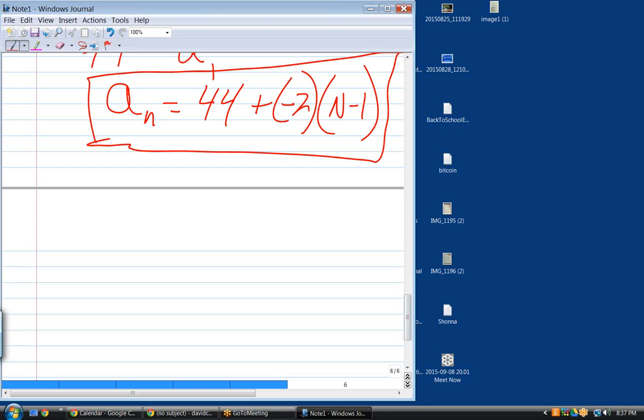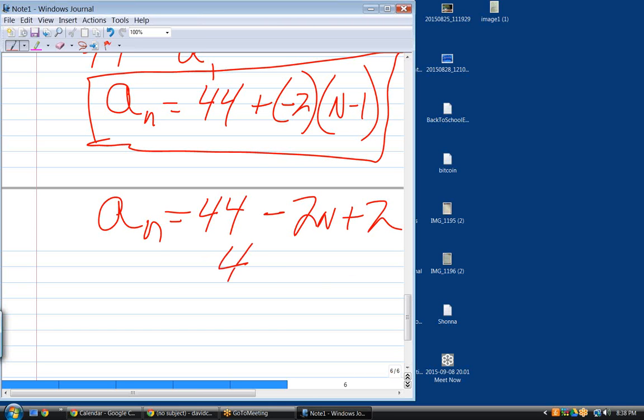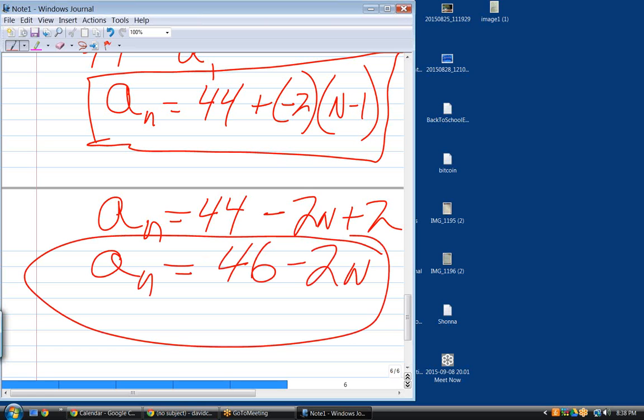But if I'm giving the general format for this particular arithmetic sequence, I want to simplify it. So I got 44 minus 2n plus 2, which is 46 minus 2n. And that's what a sub n is. And then once you have it defined, a sub n, now you could tell them what any term was very easily.